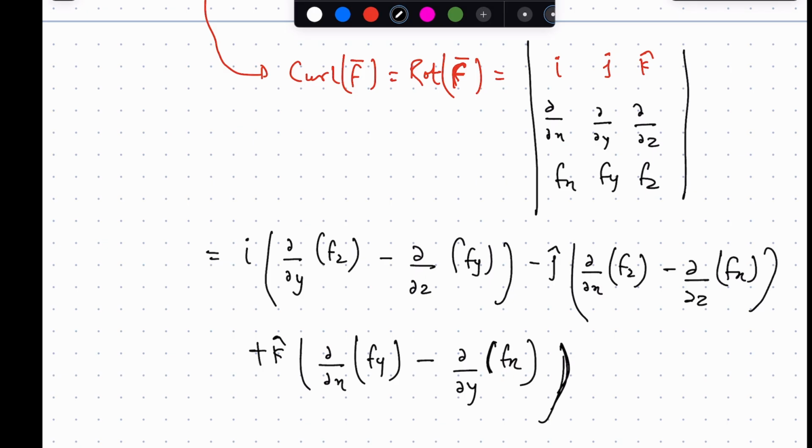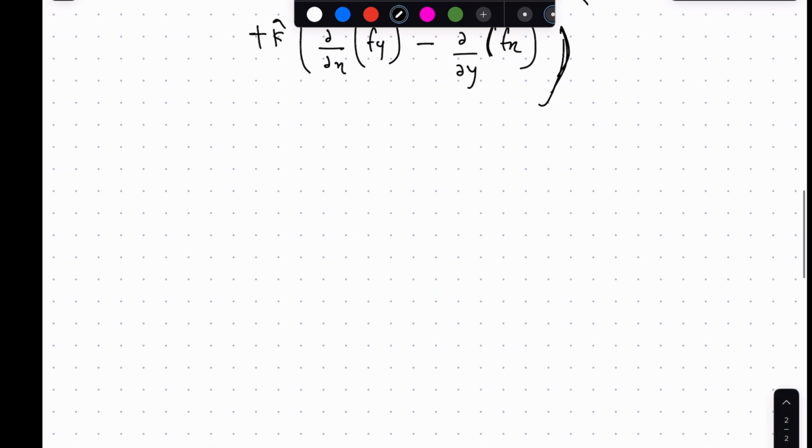Let's suppose you have been given a field or a force, and you need to identify whether it is conservative or not. So the force vector is given to you in component form.